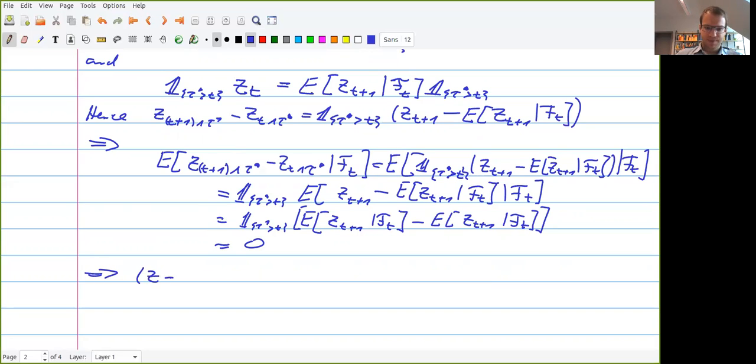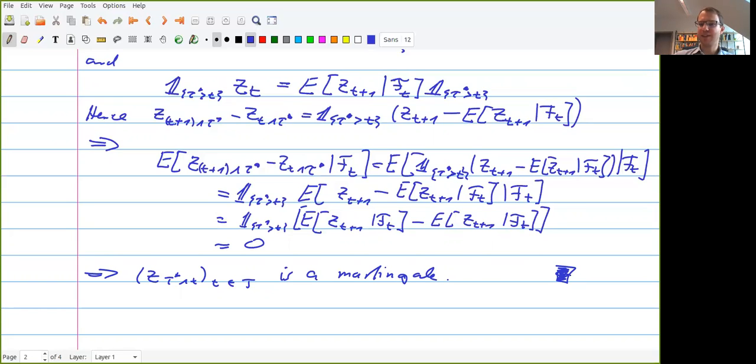And so this means the stopped process, so the stopped Snell envelope with respect to tau star, is indeed a martingale. Cool. That's, I think, all I wanted to prove here. So we're done. Okay.